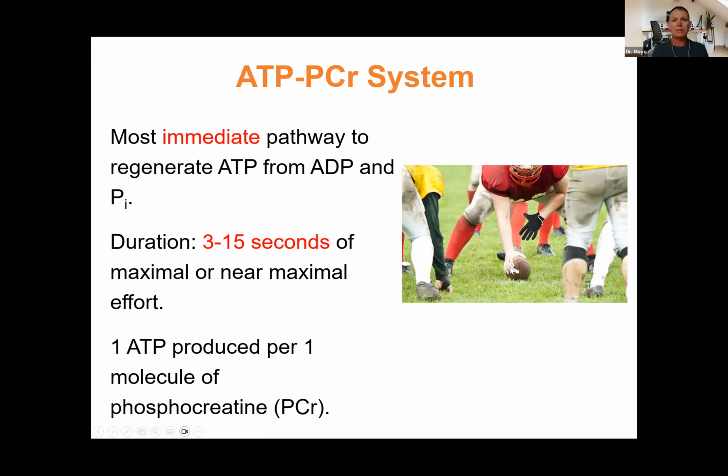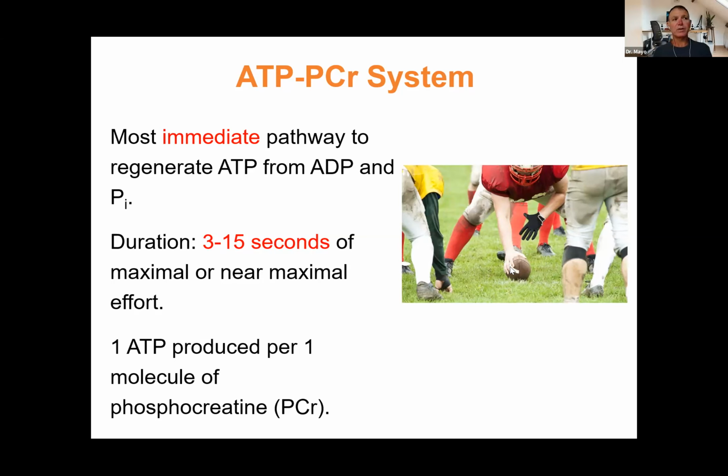The center gets down, the quarterback says hut, they start the play, and they go really hard for a few seconds trying to push each other around, running the play, and then they take a break and go back to the huddle. As they go back to the huddle, that's when they're regenerating this ATP. Then they go back out and run another play. Hope that makes sense.